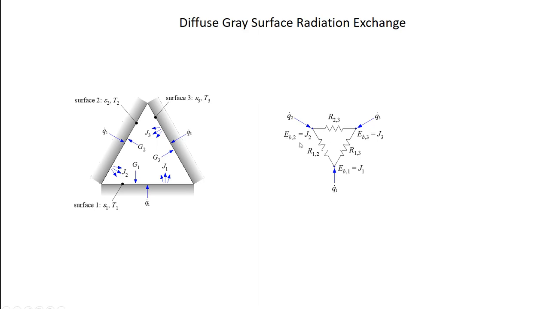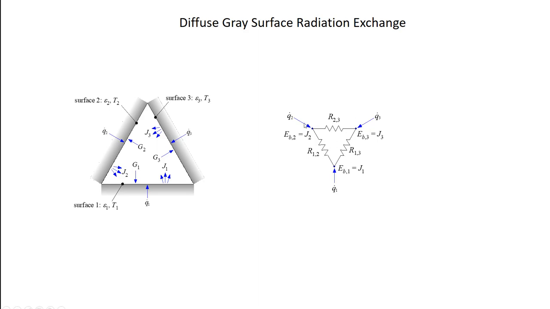Basically, we didn't talk about it, but the assumption I was making is that because these surfaces are black, these black body emissive powers are identical to the radiosities, and that's why they can be connected together. So this was the network we had before. If these surfaces are no longer black, so these emissivities are not 1, then this network goes away.